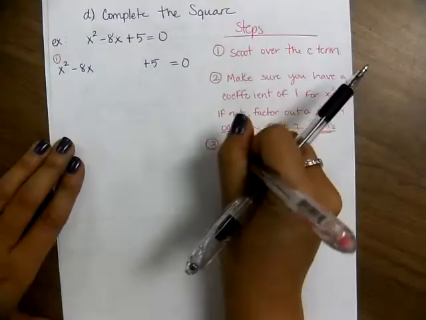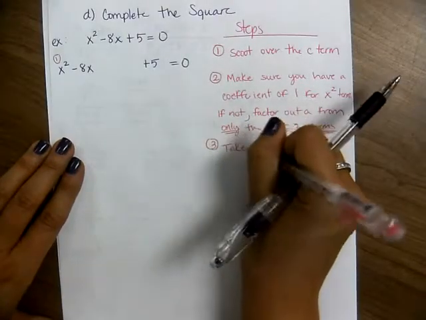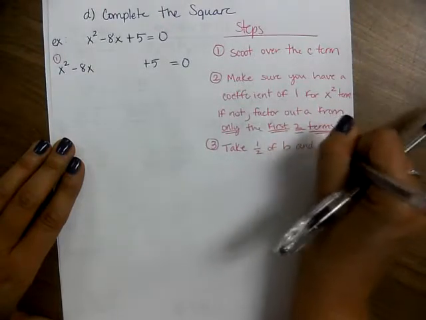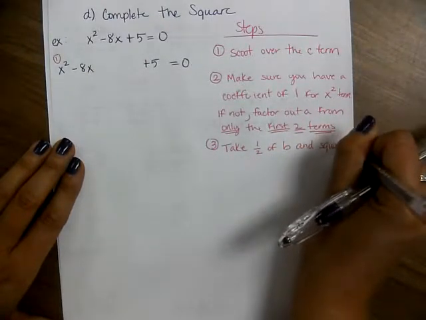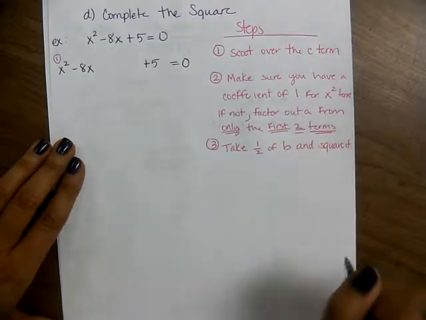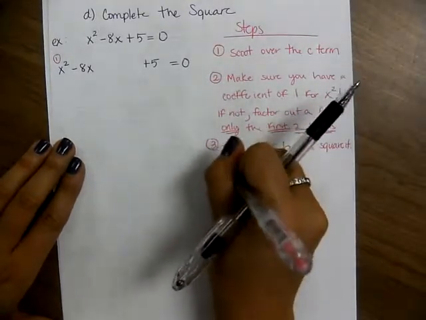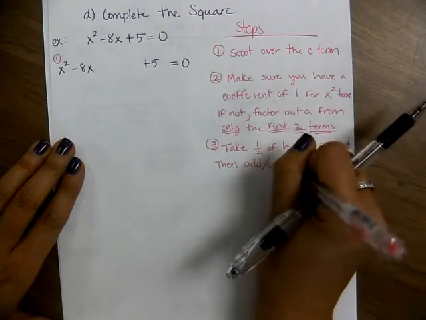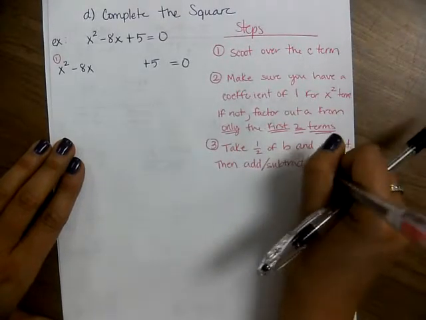Step 3, take half of b and square it. Then you're going to add and subtract that term.